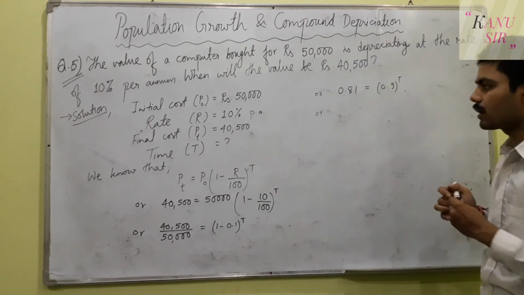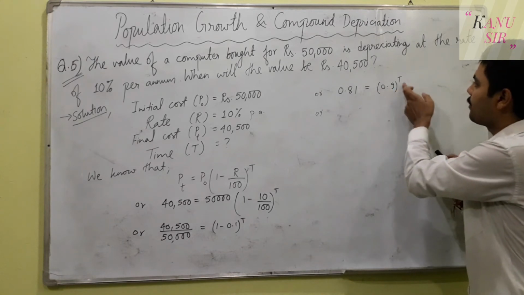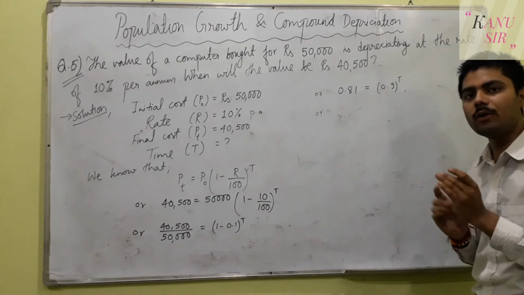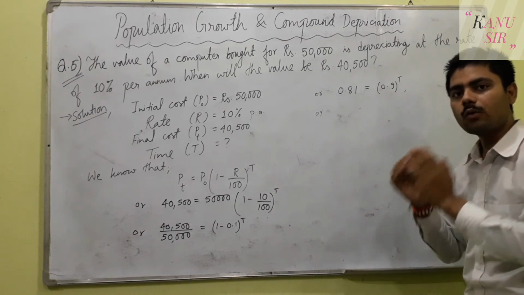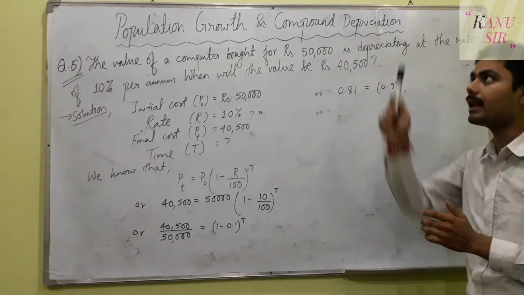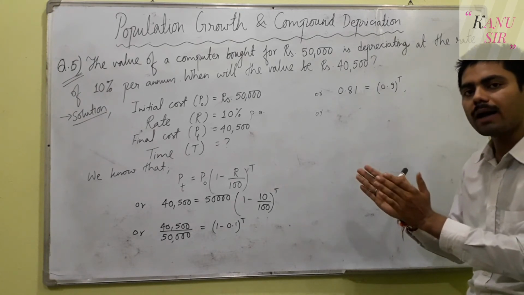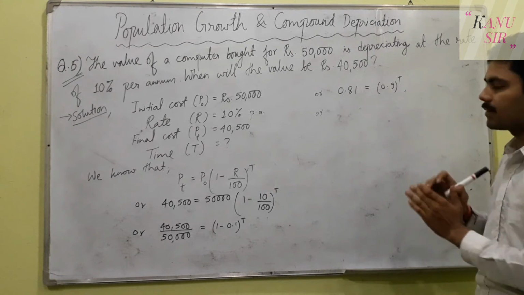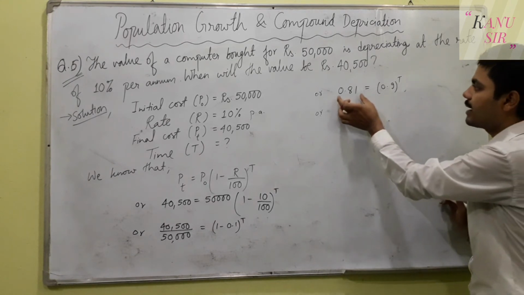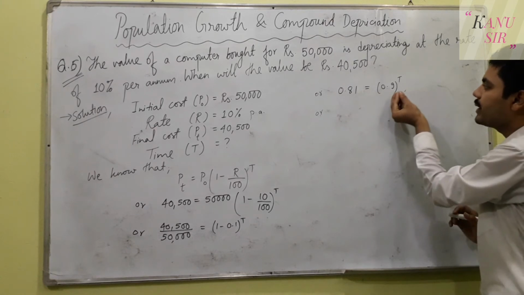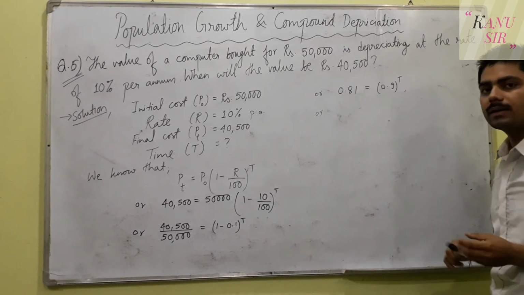Now the condition has come to find the power t, and for that I will suggest you see the video of compound interest questions, which I will put up in a link in the I button up there. In that video I have explained how to find the indices if the LHS is a value and the RHS is with a base and power t.